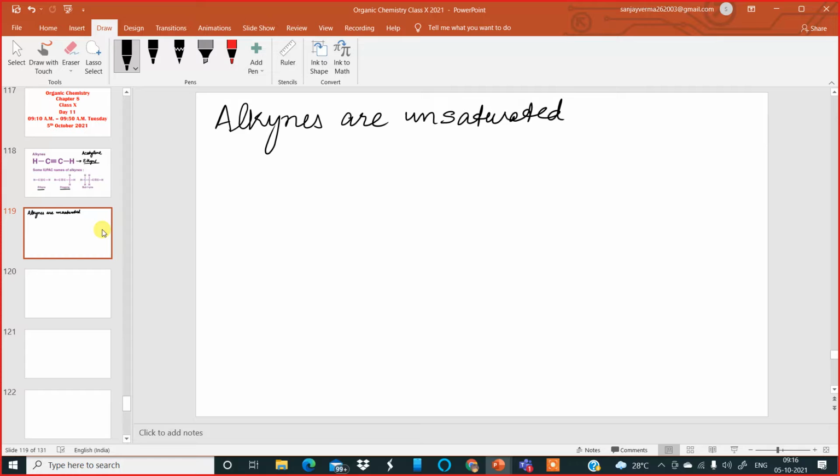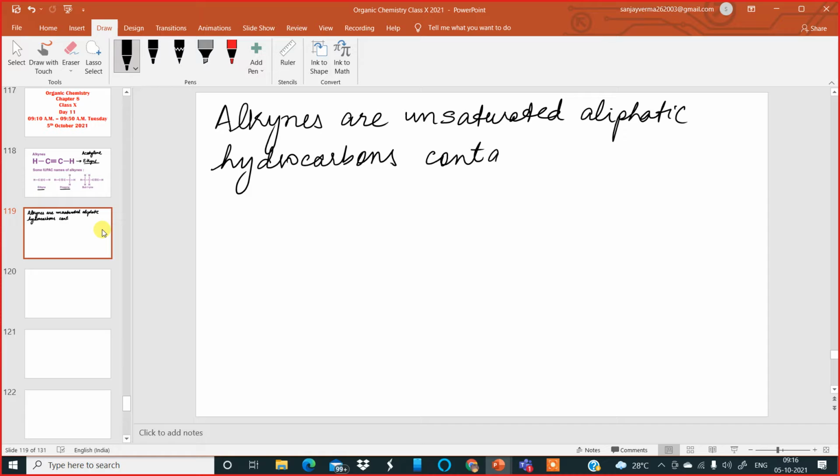Alkynes are unsaturated aliphatic hydrocarbons. You must remember this. And they contain a carbon carbon triple bond.